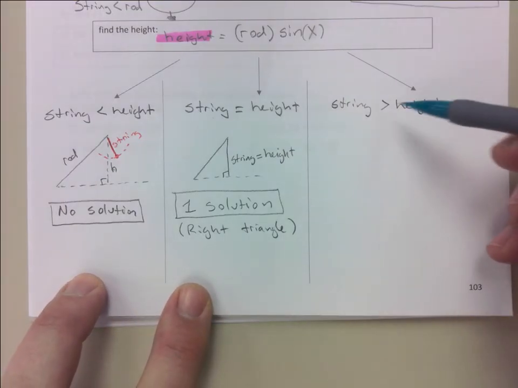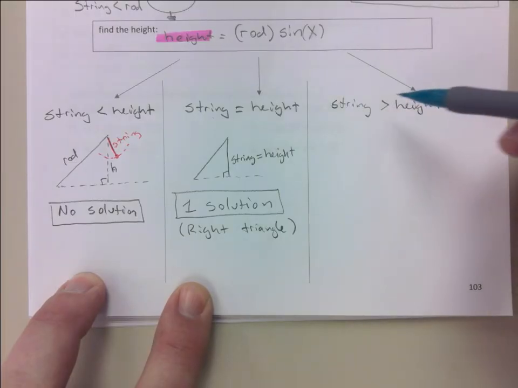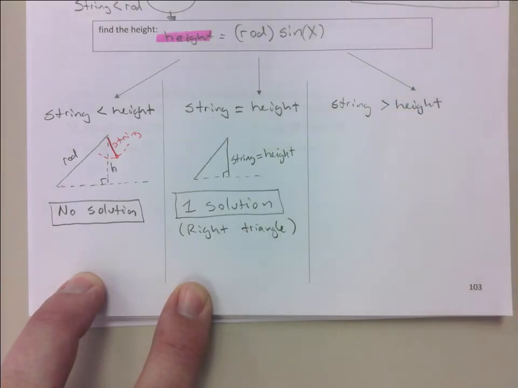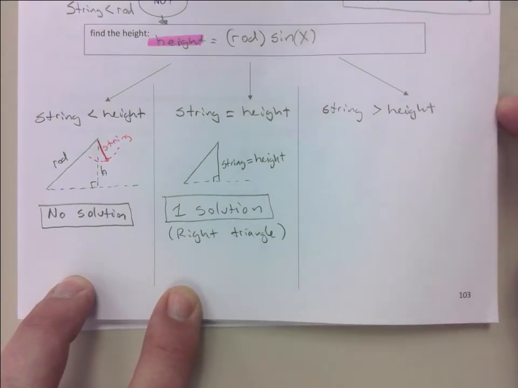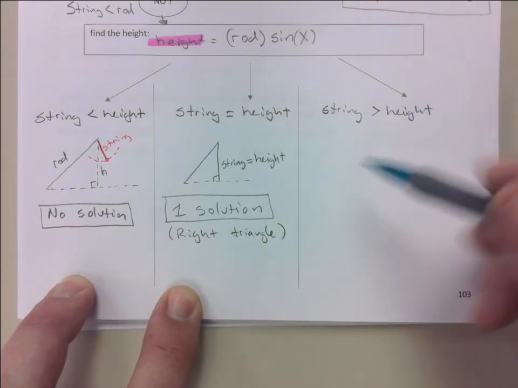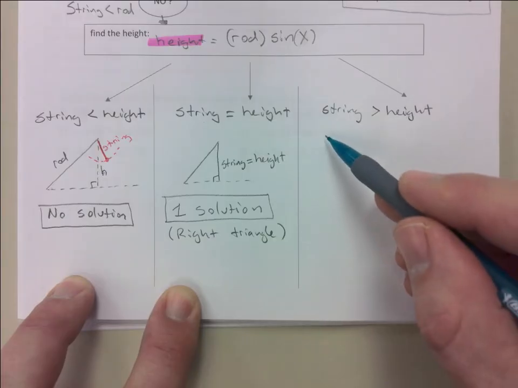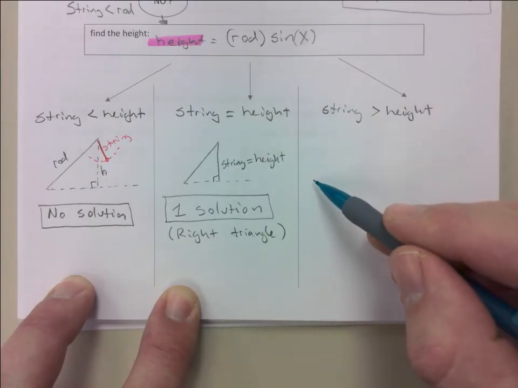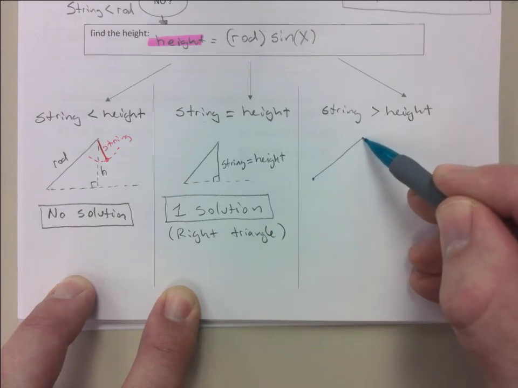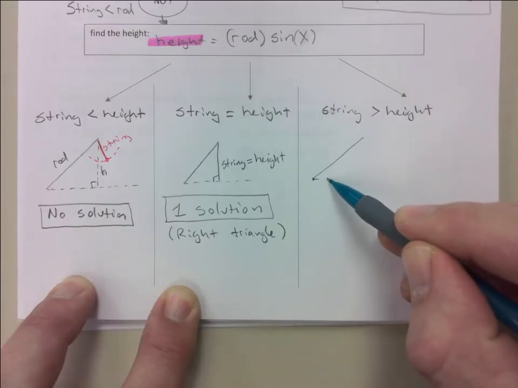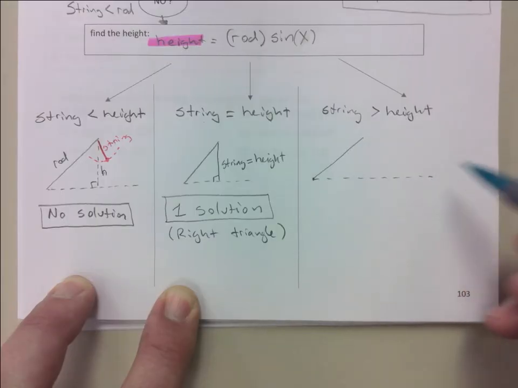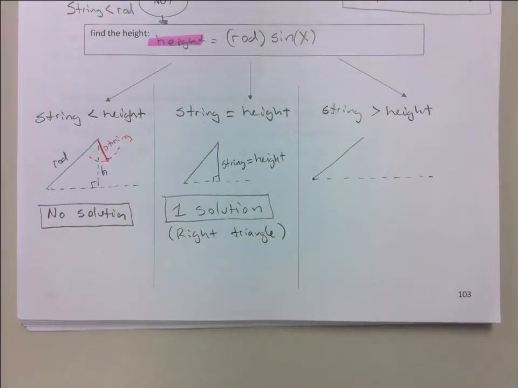And the last scenario, when the string is greater than the height, this is our problem here. This is the most work intensive. You have two triangles. If the string is greater than the height, you've got this scenario going on. So I'm going to first do my sketch, and I'm going to use my red pen here.